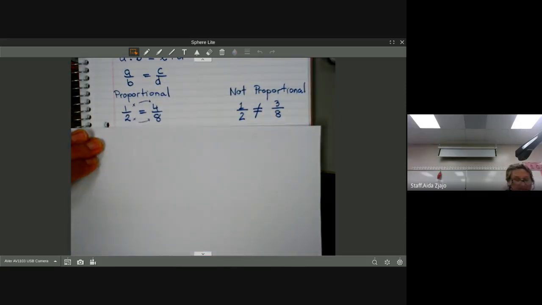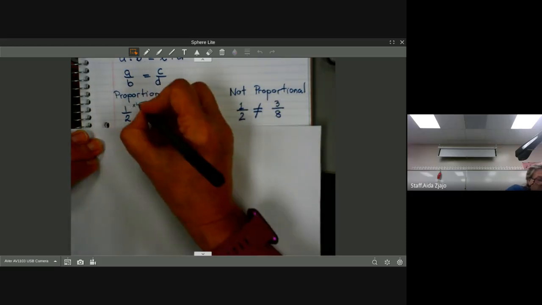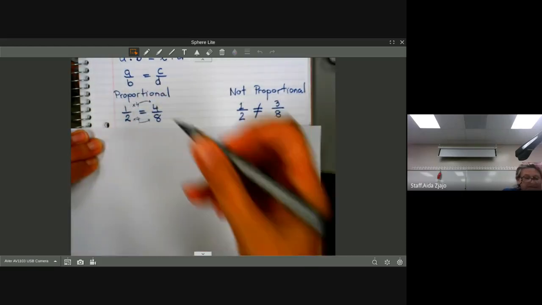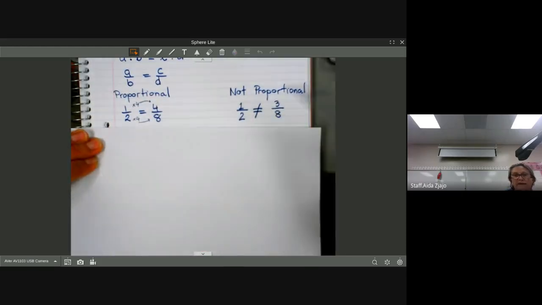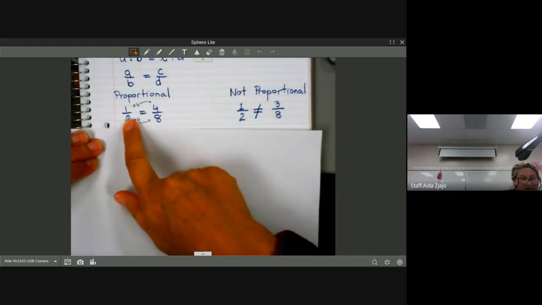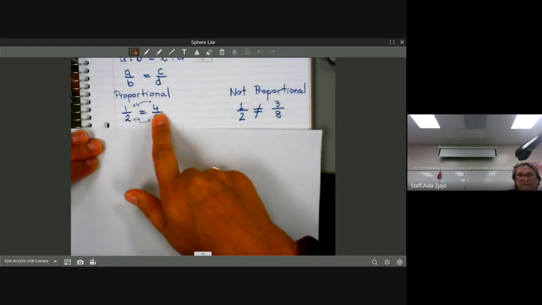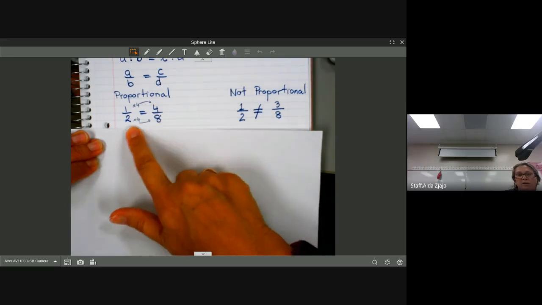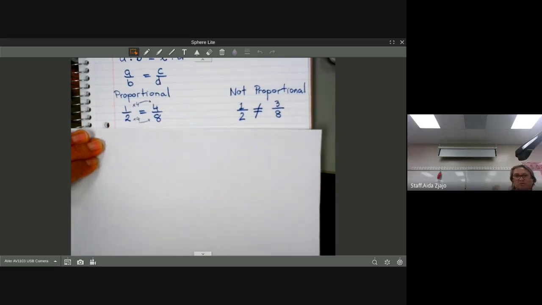By 4. Bravo. So times 4 is equal to 4/8. That means that the proportion is the same. 1/2 is the same as 4/8, and they are growing proportionally, or they're proportional.